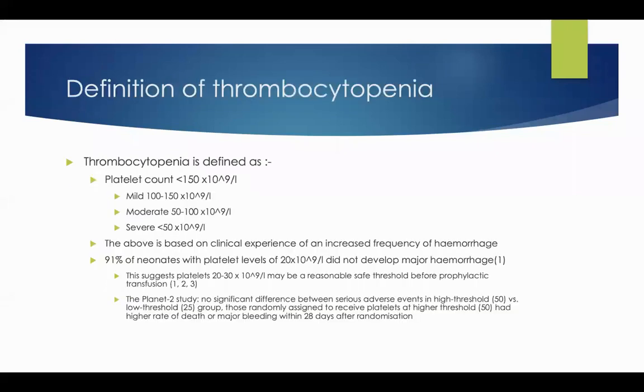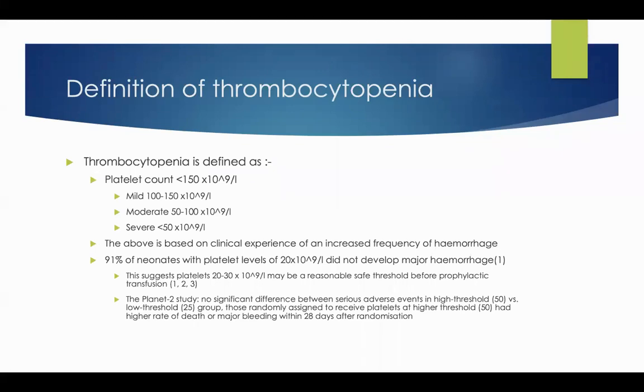So thrombocytopenia is defined as a platelet count of less than 150. And what we most commonly see on the neonatal unit are counts within the moderate and severe category. So moderate, which is 50 to 100, and severe, which is less than 50.